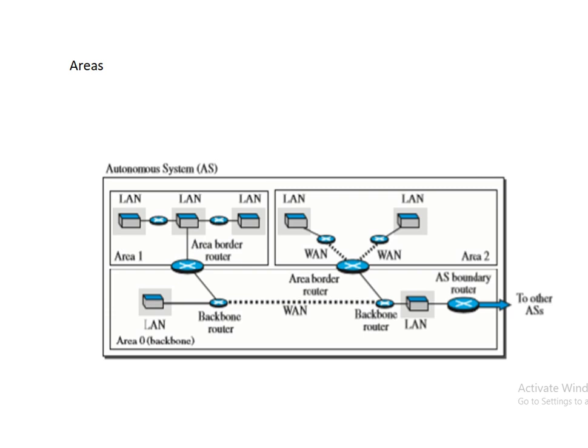Because of that, the whole autonomous system is divided into areas: area 0, area 1 and area 2. You can see the autonomous system has been divided into 3 areas. Now only within the area will the flooding of the LSP packets take place. It means the LSP packet will not move from one area to another area, which will avoid huge traffic formation. That is the first thing.